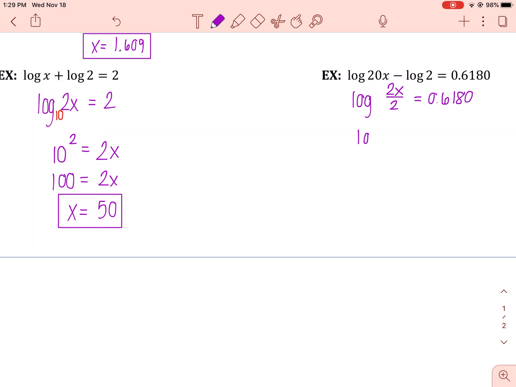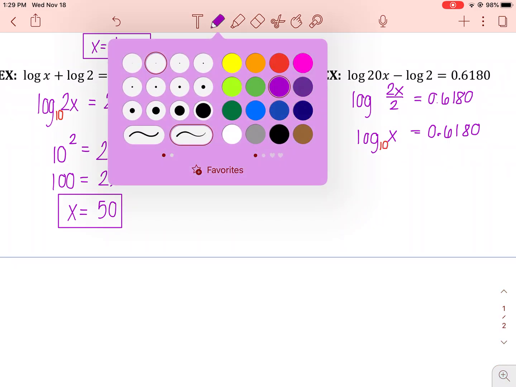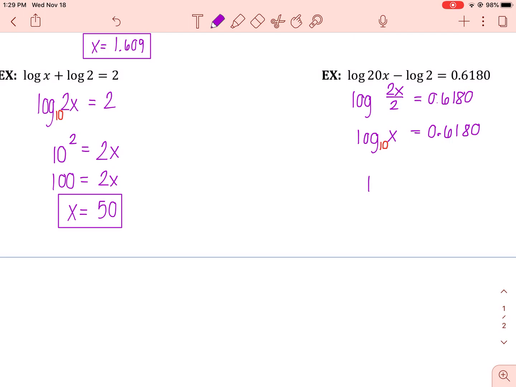Really then, I have the log of x equals 0.6180 because the 2's will cancel. I'm in log form and I don't know what to do. I'm stuck. Best thing to do, remember there's a base 10. Let's put it into exponential form. So it's 10 raised to the 0.6180 is going to equal my argument of x, my unknown.